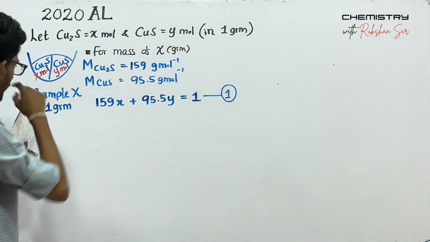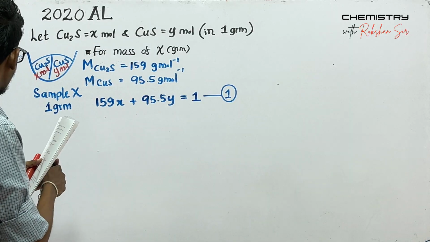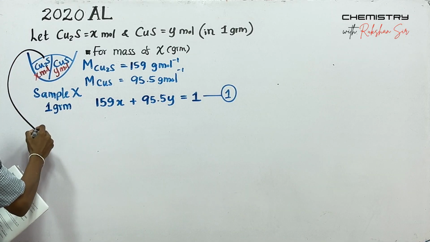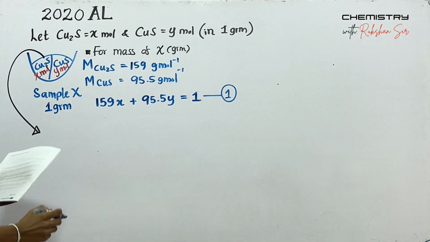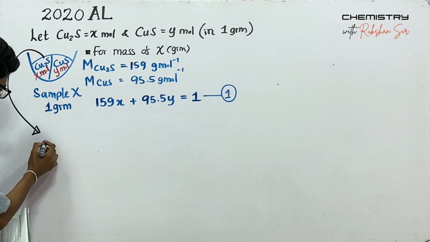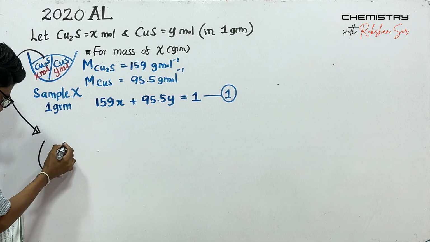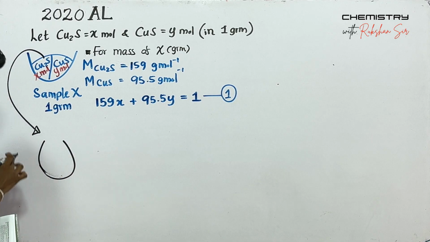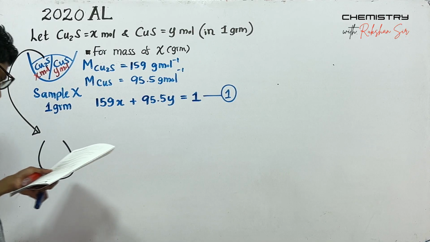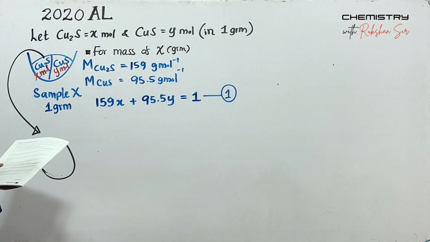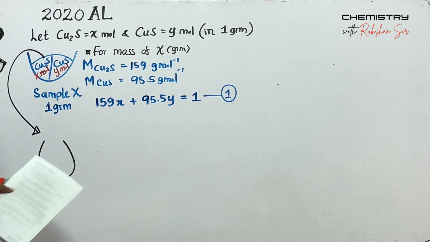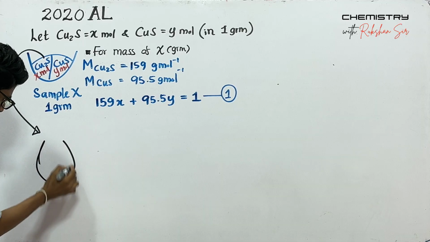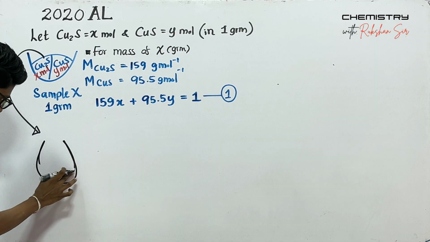What they have done is added this to a titration flask, and they added the sulfuric acid and the KMnO4. That means acidic KMnO4 is added.